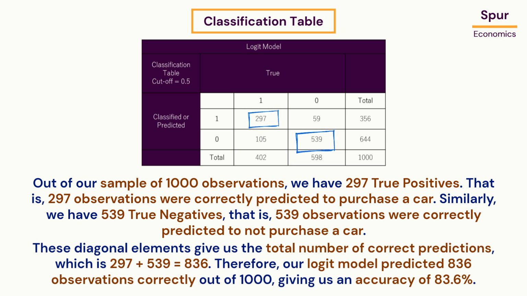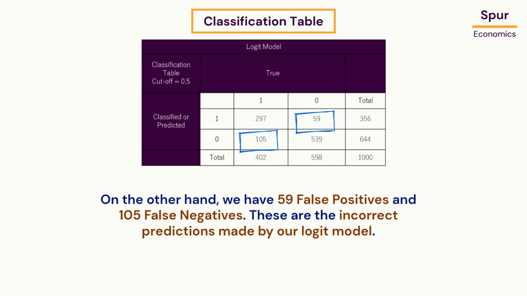These diagonal elements give us the total number of correct predictions, which is 297 plus 539 and equal to 836. Therefore, our Logit model predicted 836 observations correctly out of 1,000, giving us an accuracy of 83.6%. On the other hand, we have 59 false positives and 105 false negatives. These are the incorrect predictions made by our Logit model.